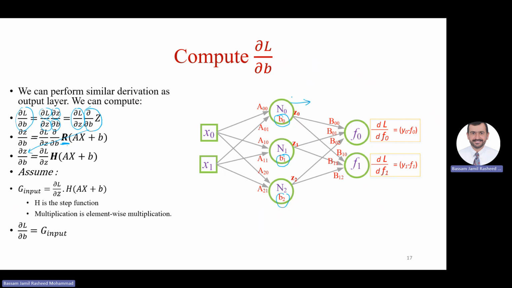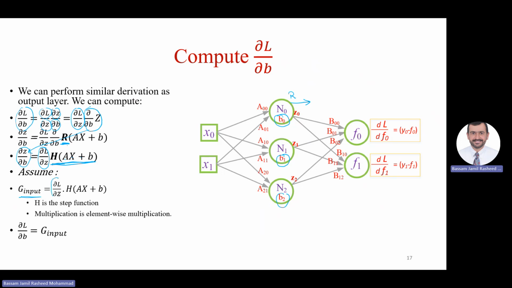This output is an output of a ReLU. If I derive it, it becomes this h function, which is the step function. So now delta Z over delta B is delta L over delta Z times the step function for the A matrix times X matrix plus B. And therefore, this is what we're going to refer to as G input here.